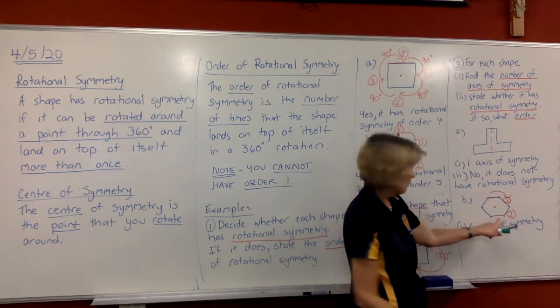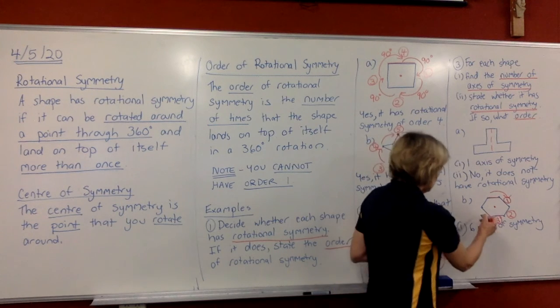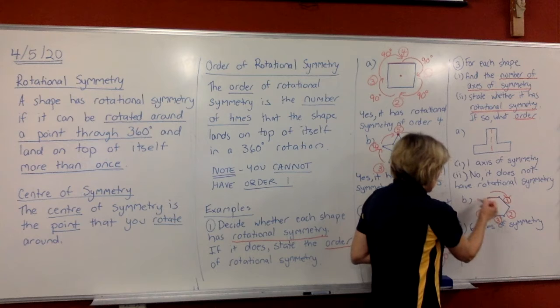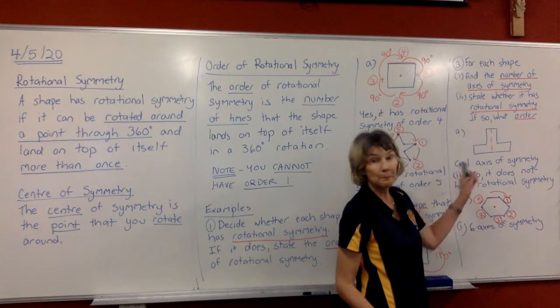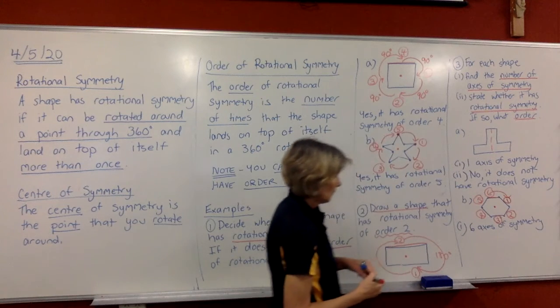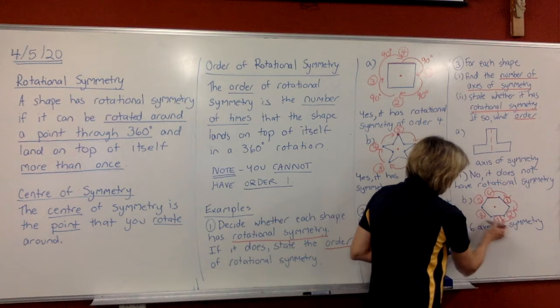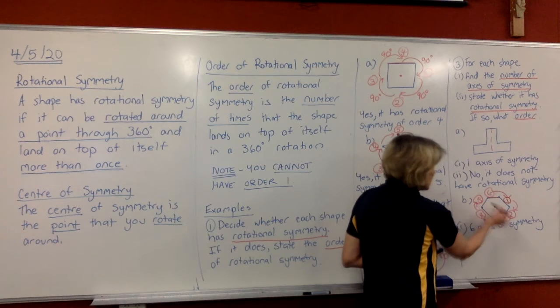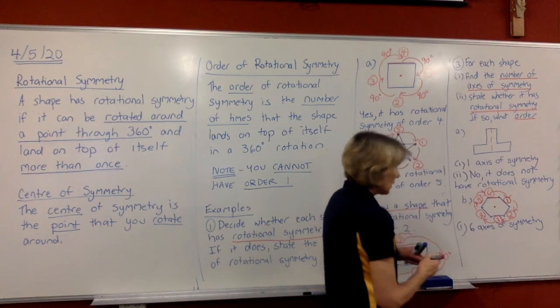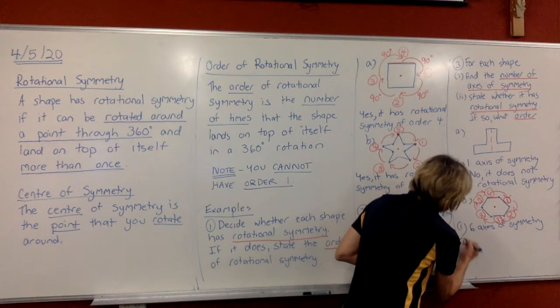Continue spinning and it will move to here. Continue spinning, it moves to here, then to here, and then back to the beginning. So that's just continuing to rotate the shape clockwise around our centre. So it has rotational symmetry.